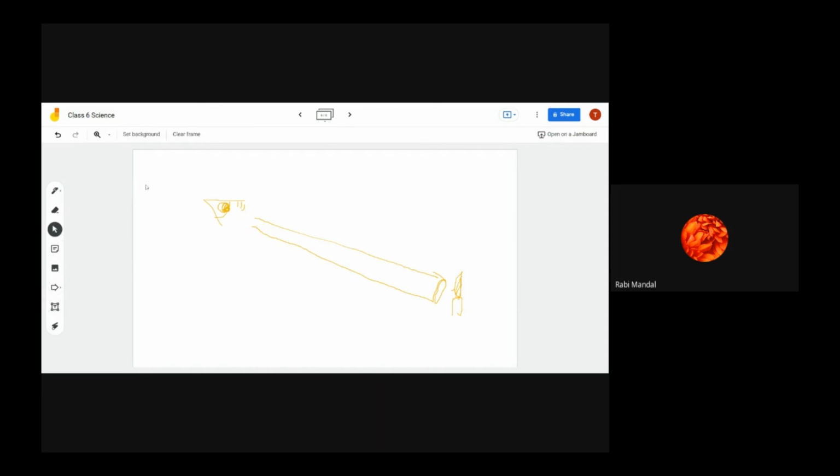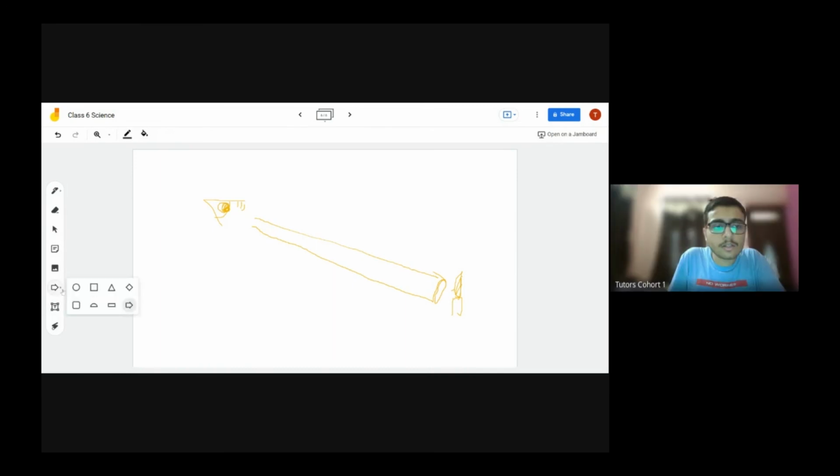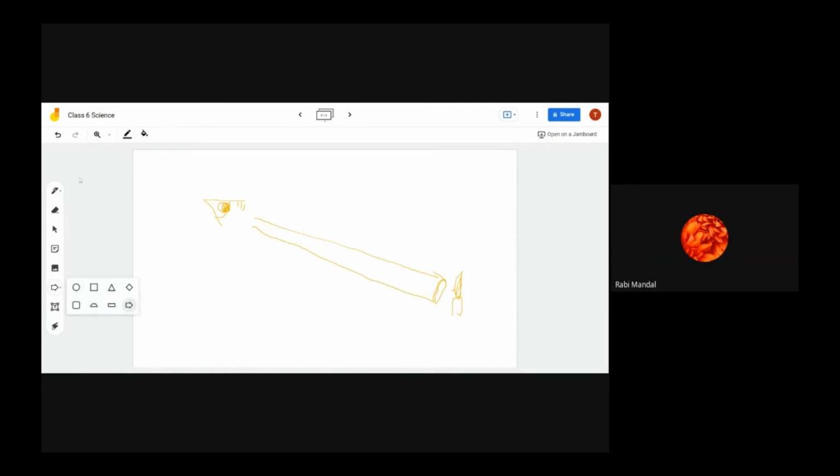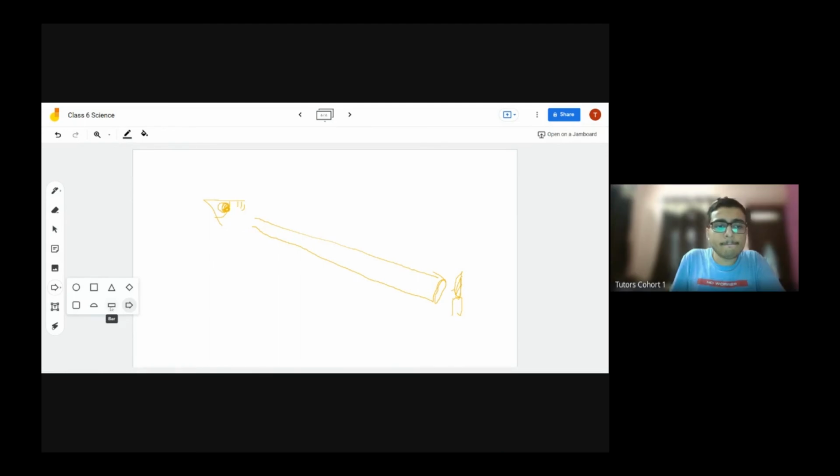You can click it once more. You can use the rectangle and stretch it, and it will be in a straight line. Okay, we can try it afterwards, because we are falling short of time now.